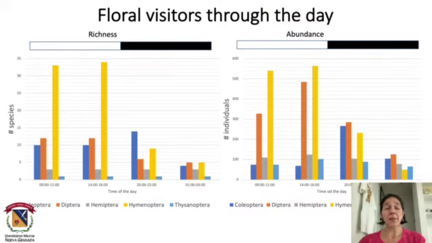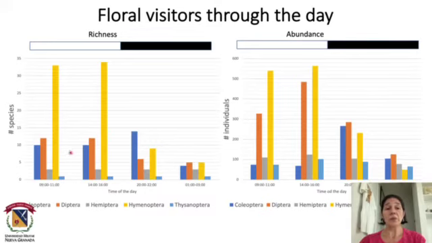What can we say about the difference of floral visitors throughout the day? Well, we can see that there is more species diversity and abundance of visitors during the day compared to the night, that the most diverse and abundant order of visitors is the Hymenoptera.